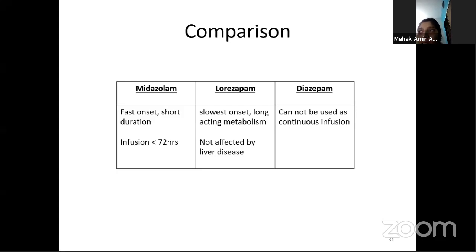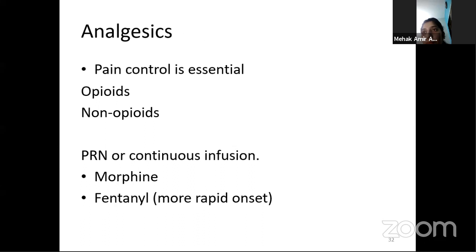Lorazepam has the slowest onset and a long-acting metabolism, and it is not affected by liver disease. But in certain cases, lorazepam infusion is also not used. Midazolam infusion is preferred in the patients we have discussed. Next slide, please.